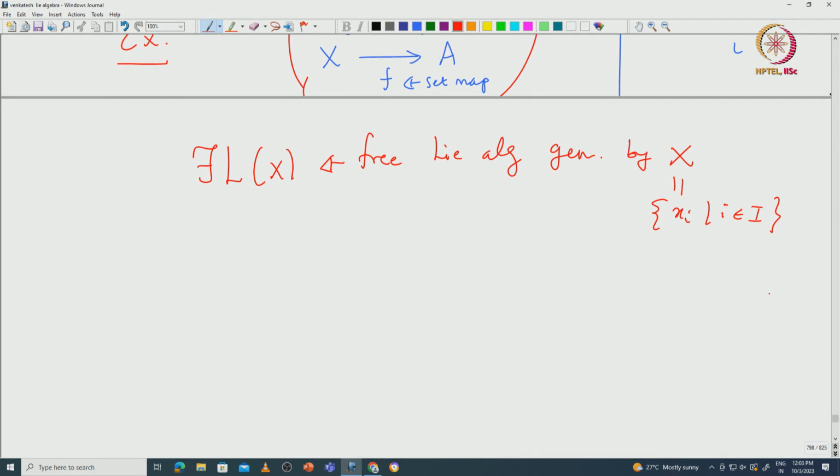But what will be the typical Lie monomials? In an associative algebra you have regular monomials. Think about x1, x2, x3: if you put the bracket here, this is the same as the other bracketing, because it is associative. So instead of denoting it in two different notations, one can just use x1 x2 x3, which is what we do traditionally.